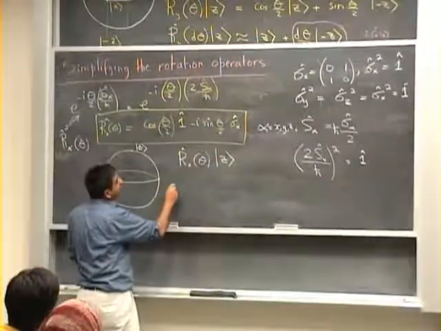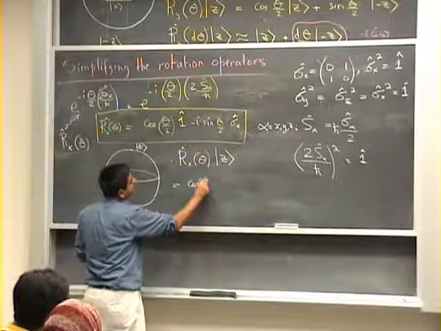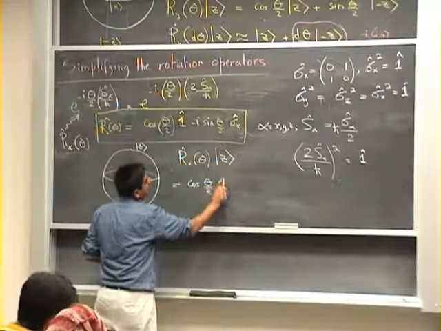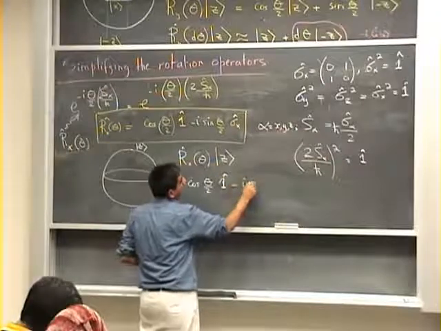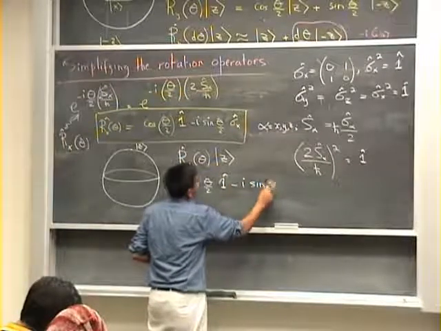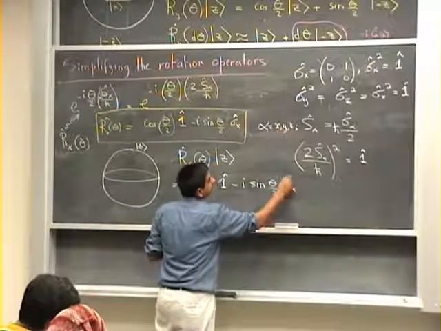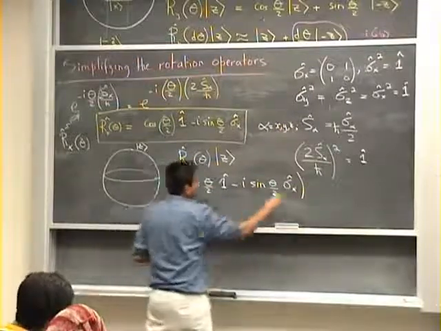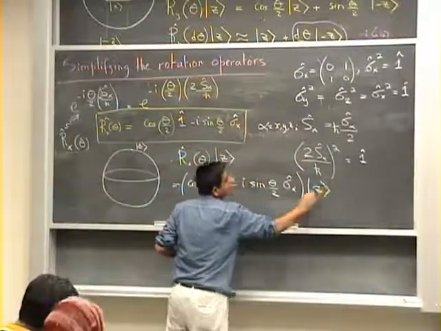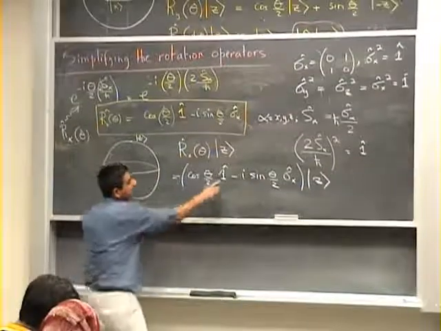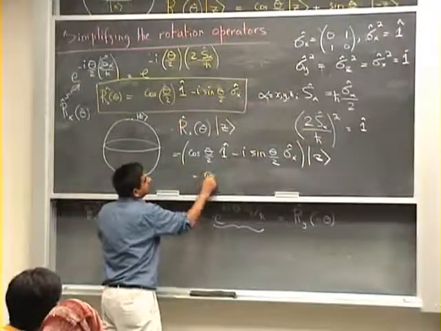So my new state is cosine theta by 2 identity minus iota sine theta by 2 sigma x acting on ket z. Now when this operator acts on z, nothing happens to z.